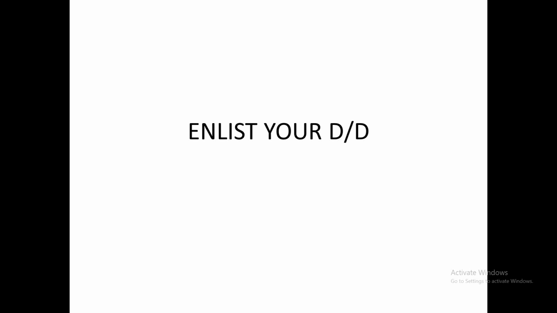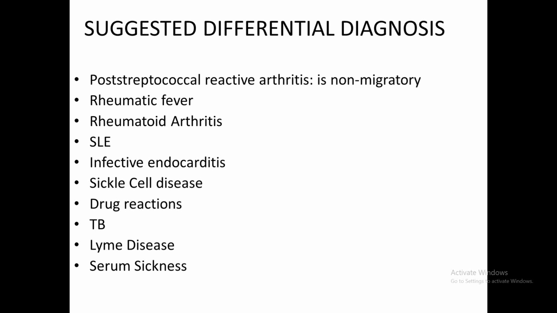In this, your differential diagnosis may be possibility of many things. As far as I am concerned, it may be post-streptococcal reactive arthritis, which is non-migratory type. It may be rheumatic fever itself, rheumatoid arthritis, systemic lupus erythematosus. It may be infective endocarditis. It may be sickle cell disease, which is involving the joint and some part of the heart or the chest.